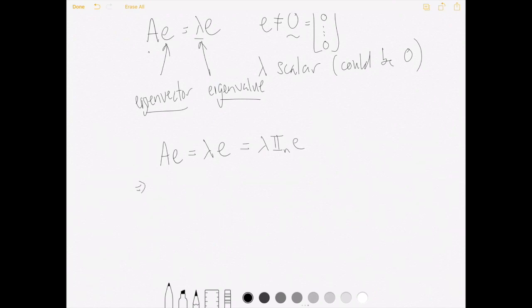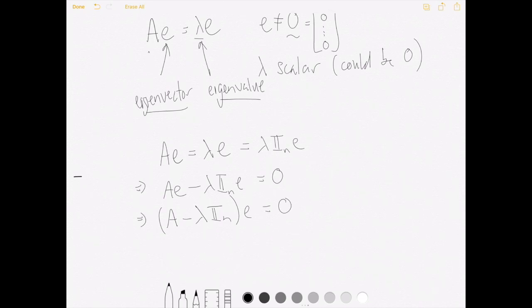And so that implies that A E minus lambda I n E equals the zero vector. Okay, and we can pull the E out, right? So A minus lambda I n times E equals 0.